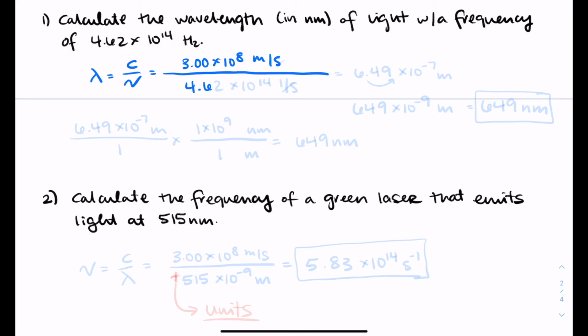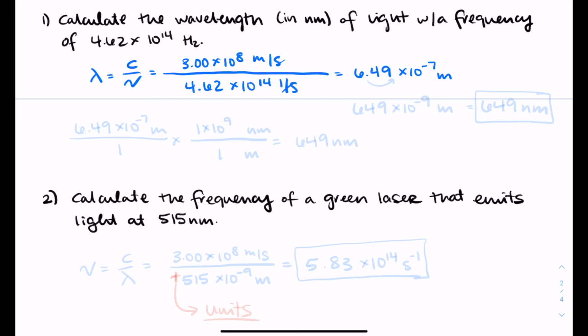Totally up to you. So for my setup, I have 3 times 10 to the 8th meters per second divided by 4.62 times 10 to the 14th, 1 over seconds. And I will get an answer in meters. So 6.49 times 10 to the minus 7th meters. This is what you will always get as your output. And for most of your equations, you will need to input meters for this calculation.